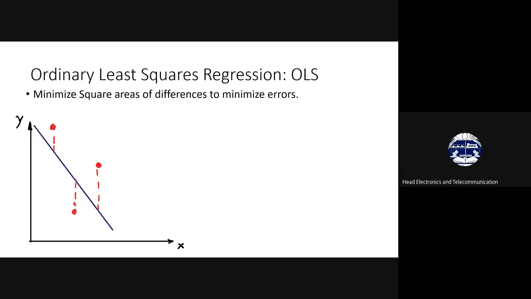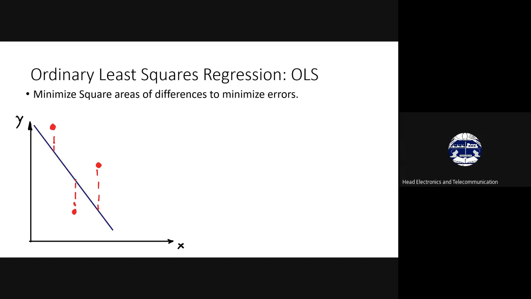Now the simplest one is ordinary least squares regression. So you will implement this in your practical maybe next week. This is the most simple kind of problem, that is also with only one dimension.